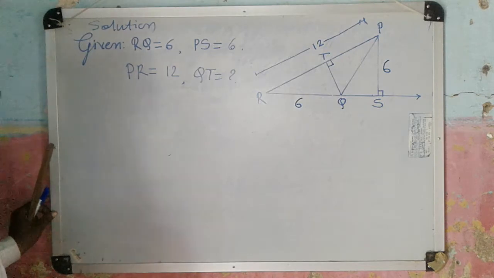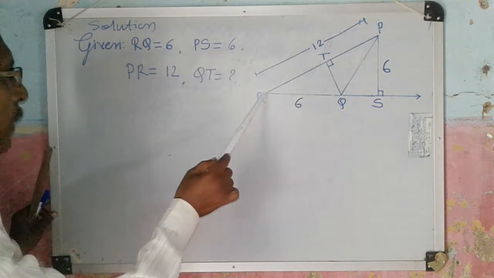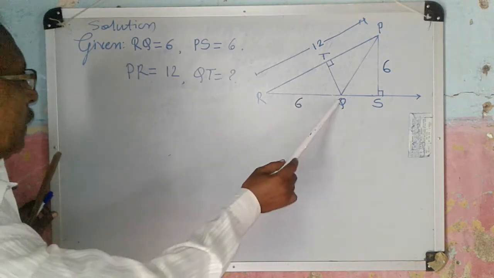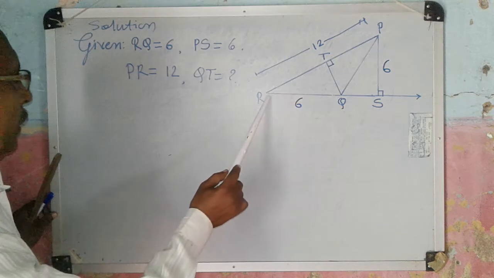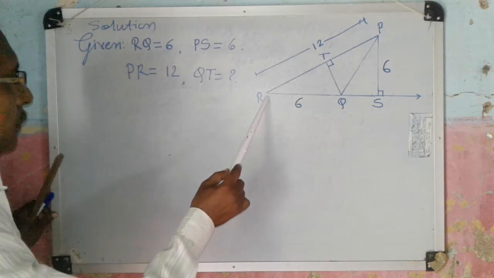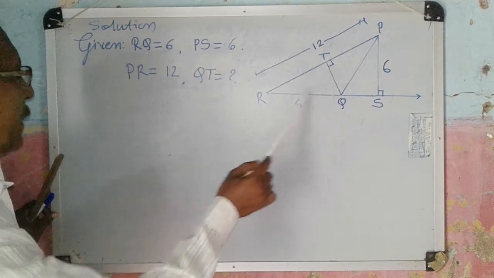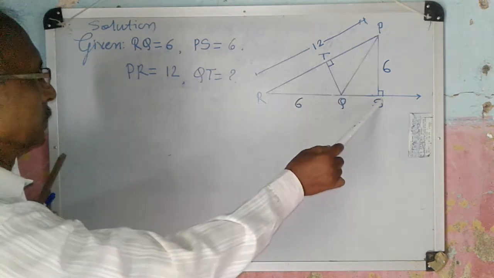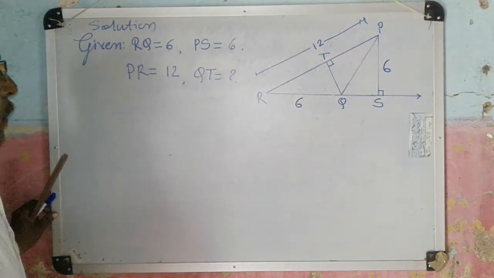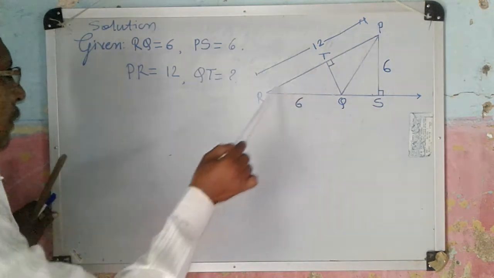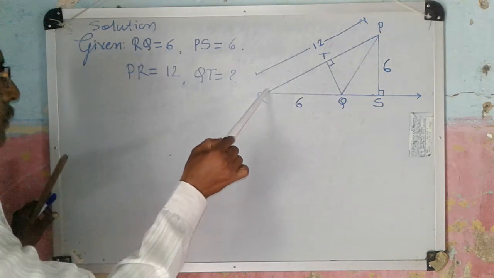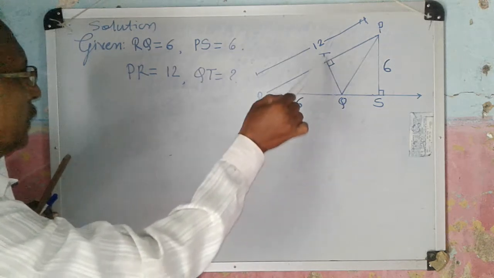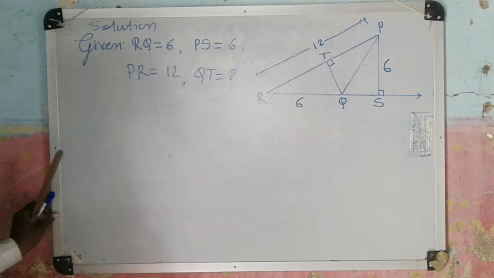Now if you consider this triangle PQR, if we take QR as a base, then corresponding height to this base QR is PS. And now if we take PR as a base, then corresponding height of base PR is equal to QT.